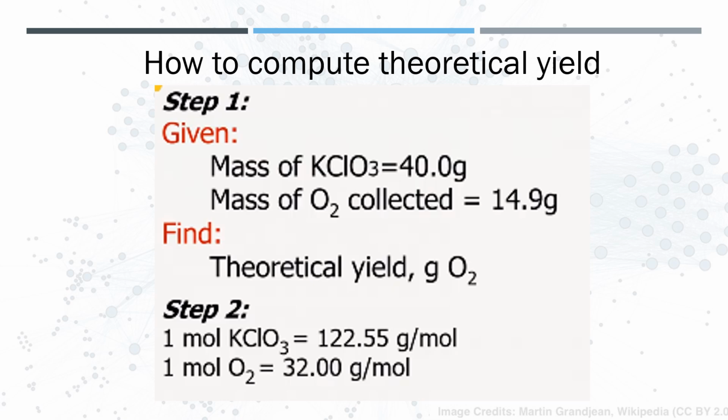The quantity being asked is the theoretical yield, or the grams of the oxygen. The second step is to list other known quantities and plan the problem. So 1 mole of potassium chlorate is equal to 122.55 grams per mole, and 1 mole of oxygen is 32 grams per mole.